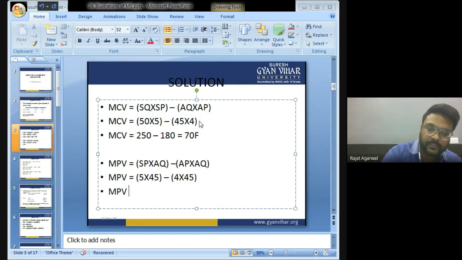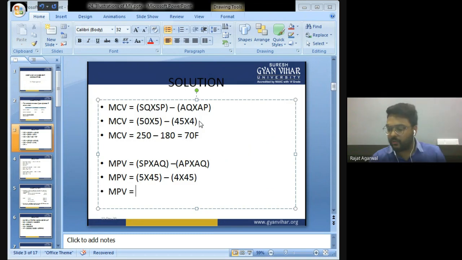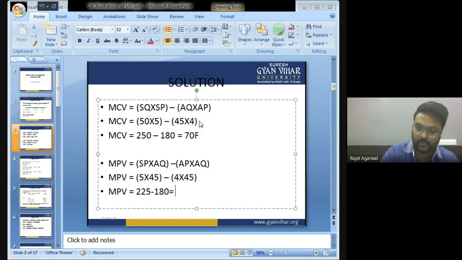Material price variance: 5 into 45, 225, minus 45 into 4, 180. So 225 minus 180. 45 favorable.